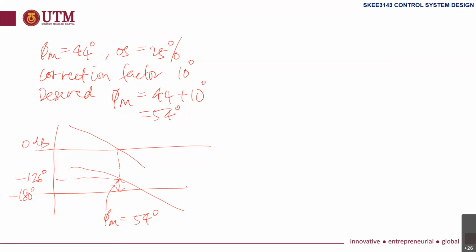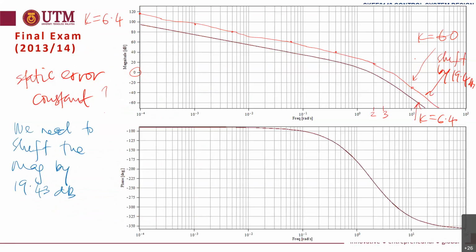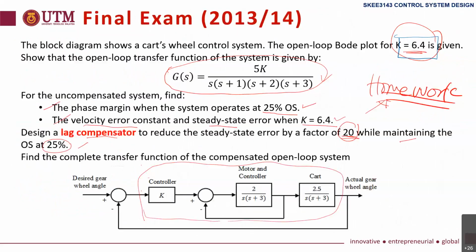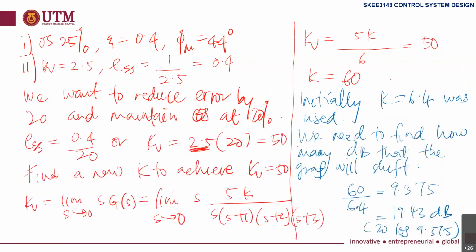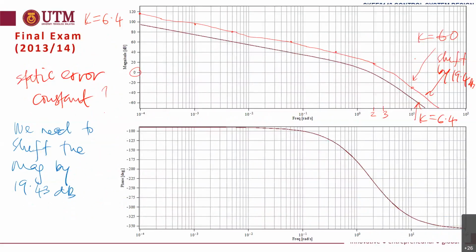Okay, now let's look into the Bode plot. 126 degrees is about here, 125, about here.